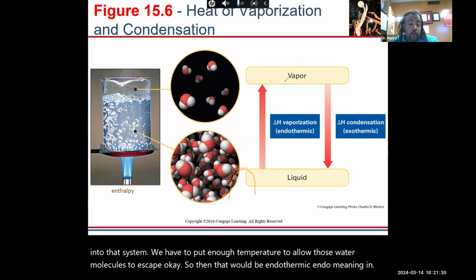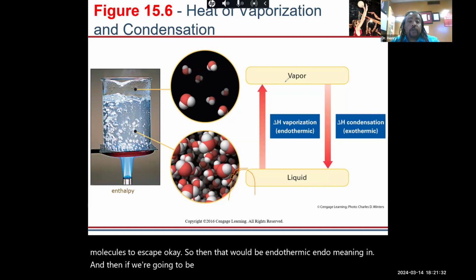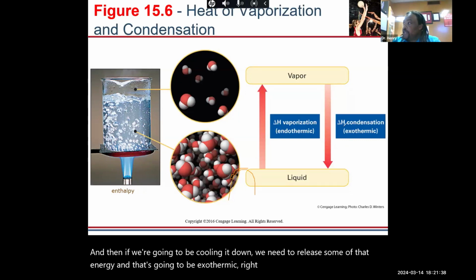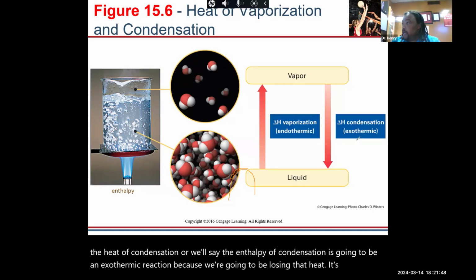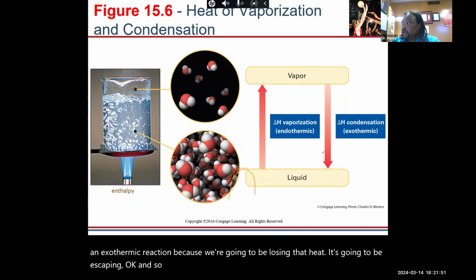And then if we're going to be cooling it down, we need to release some of that energy, and that's going to be exothermic, right? And so the process of going from the heat of condensation, or we'll say the enthalpy of condensation, is going to be an exothermic reaction because we're going to be losing that heat. It's going to be escaping. And so that allows that vapor to go back to a liquid.